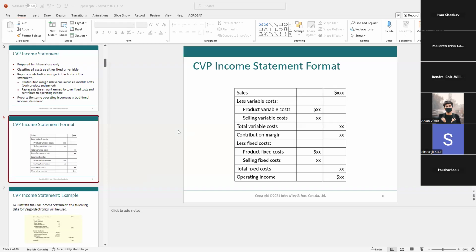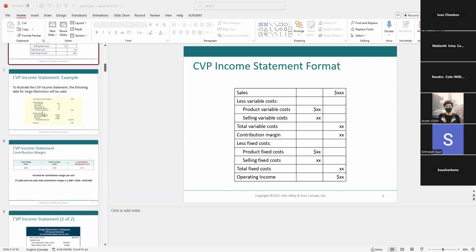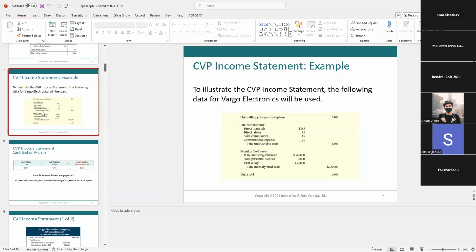Okay. Again, the contribution, cost, volume, profit income statement format will be sales, variable cost, total variable cost, contribution margin. Then we're going to have fixed cost, total fixed cost, operating income. And if we put some numbers here, we have selling price of $500.